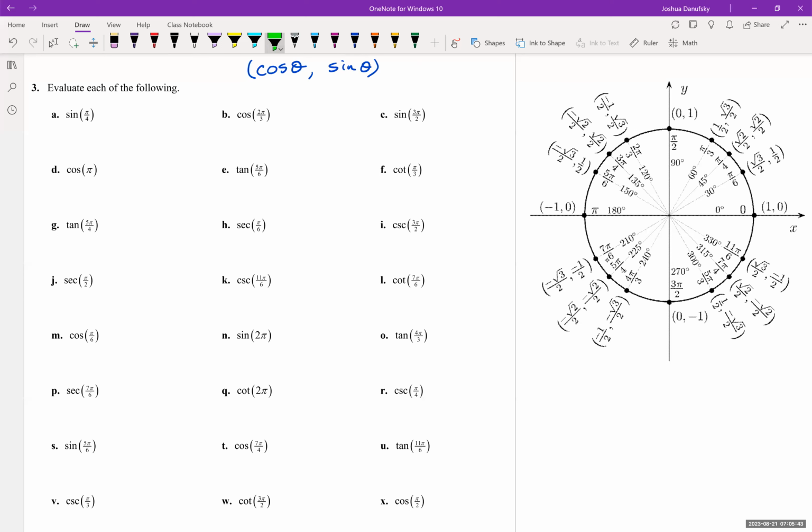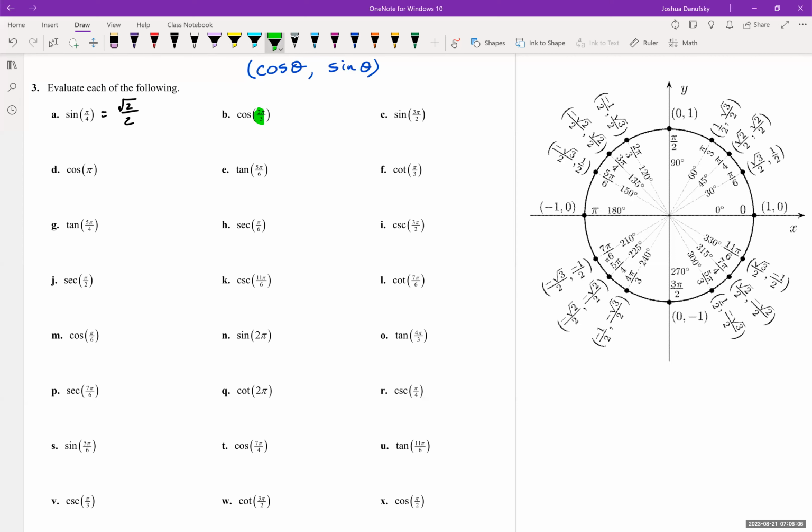So with this very first problem, part A, we're noticing that we're dealing with pi over 4. We have to find that in our unit circle right there, pi over 4. And because it's sine, we want the y value. And so the first one is going to be the square root of 2 over 2. Moving on to the next one, we want the cosine of 2 pi over 3.